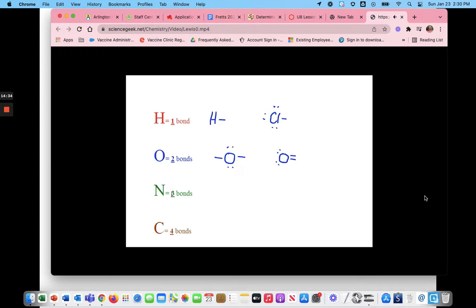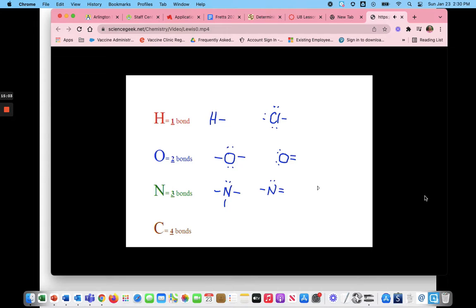Nitrogen and the nitrogen family tending to form 3 bonds can do that 3 different ways. Nitrogen could form 3 single bonds, which would require 1 unshared pair. Nitrogen can form a double bond and a single bond for 3 bonds total and an unshared pair.